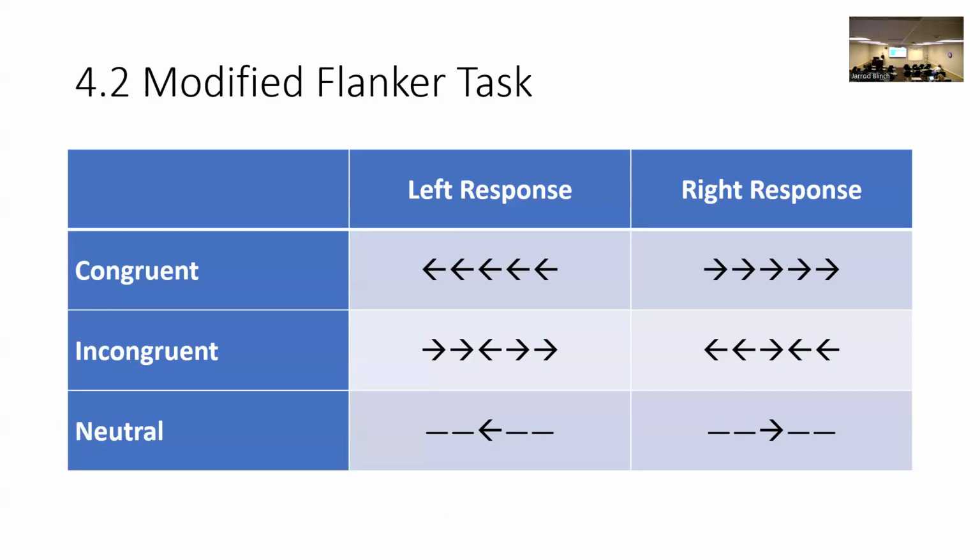Well, let's look at the modified flanker task, which is most commonly used. Sometimes you see the Erikson letters, especially if you want to change little things. But very commonly nowadays we see the modified flanker task, and this is the one that we'll try.